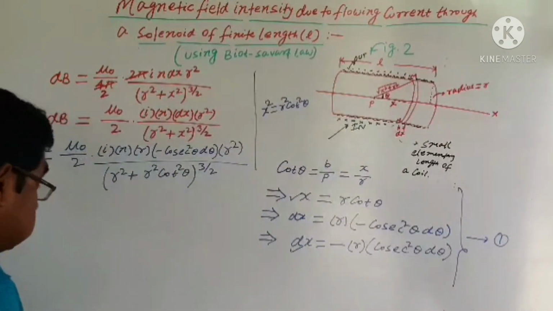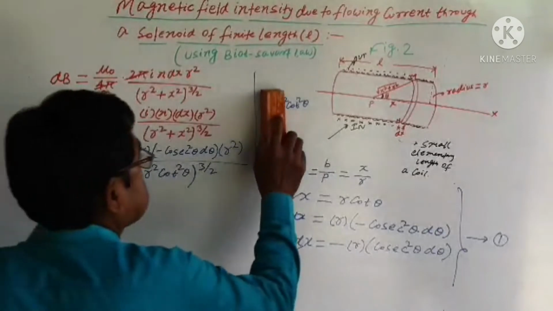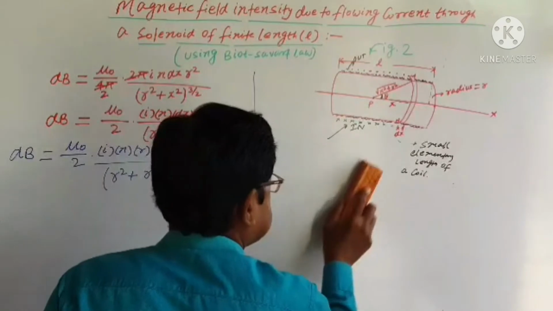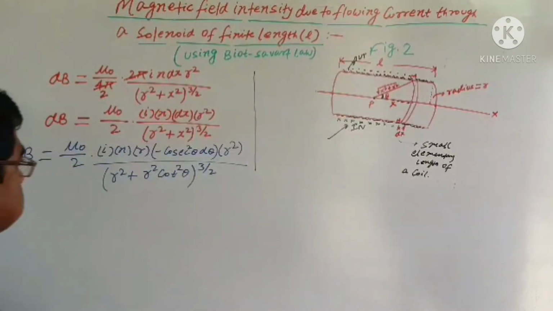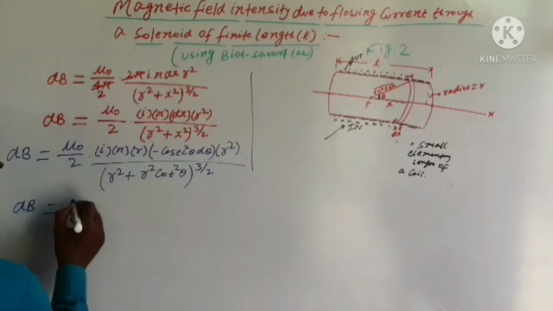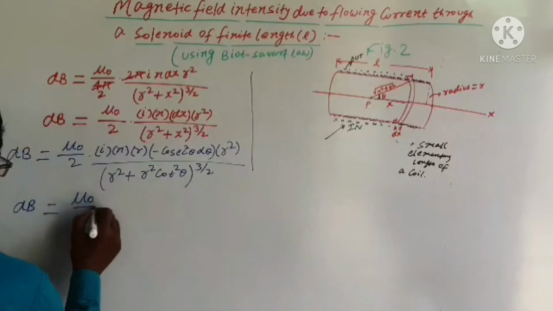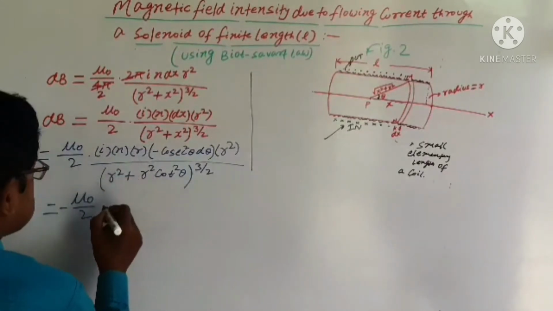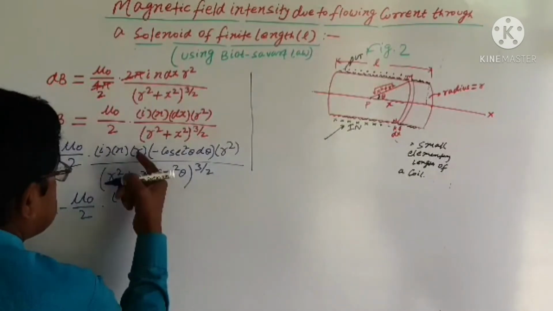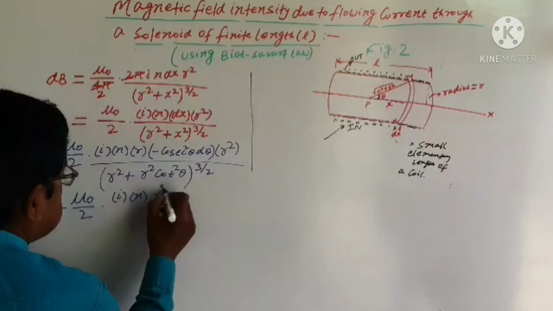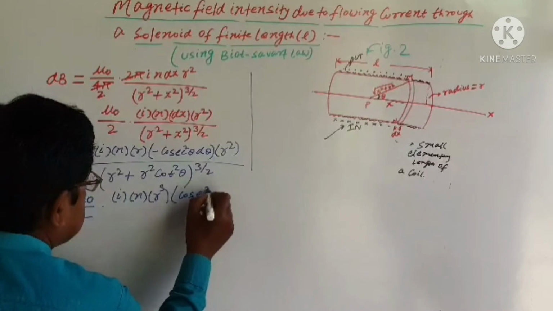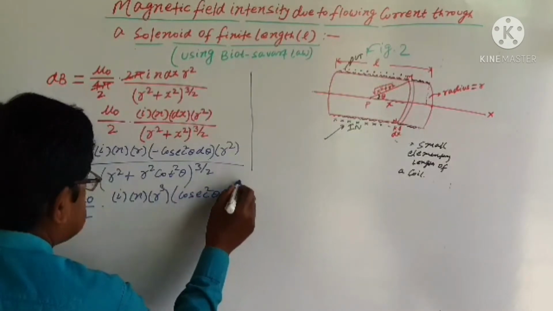Okay. Now, dB is equal to mu naught over 2, this is minus I n, r is multiplied by r square, this is r cube, and cosec square theta d theta. Okay.